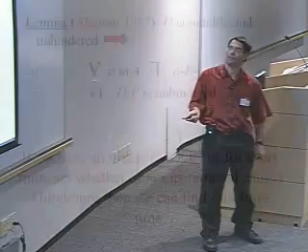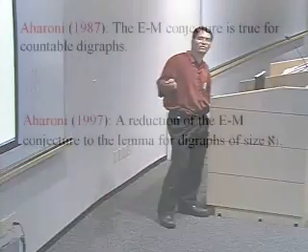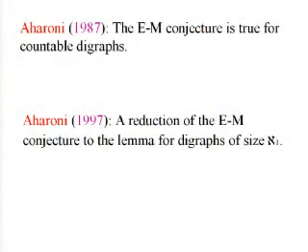This was proved in 1987, so this proves the Erdős-Menger conjecture for countable graphs. It's due to Aharoni. And in 1997, Aharoni actually proved that it's enough to prove this lemma to show that the Erdős-Menger conjecture is true for the directed graph of size Aleph1.